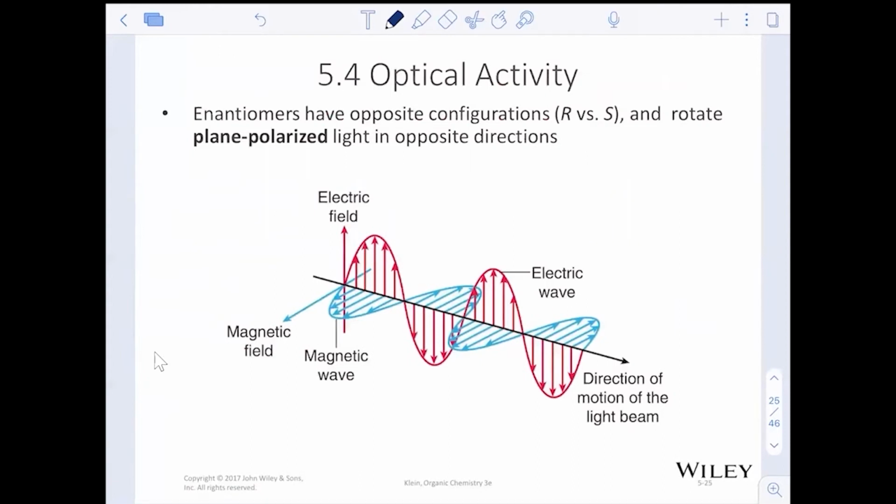Okay, optical activity. Enantiomers, like we've talked about a lot so far, have R and S configurations, and they can rotate plane polarized light in opposite ways. This is a basic idea of the electromagnetic spectrum, that there is an electric field and a magnetic field, and they are perpendicular to each other.